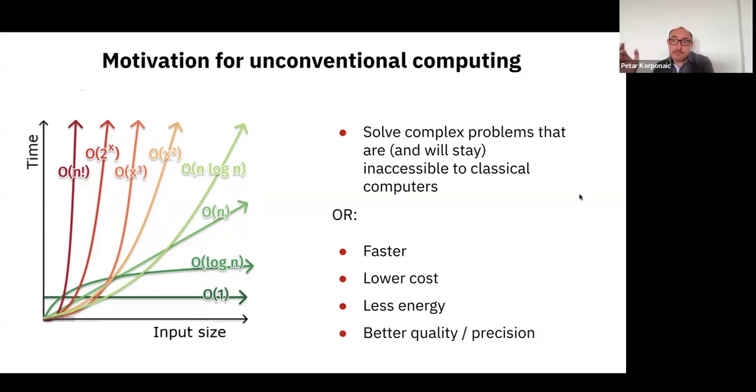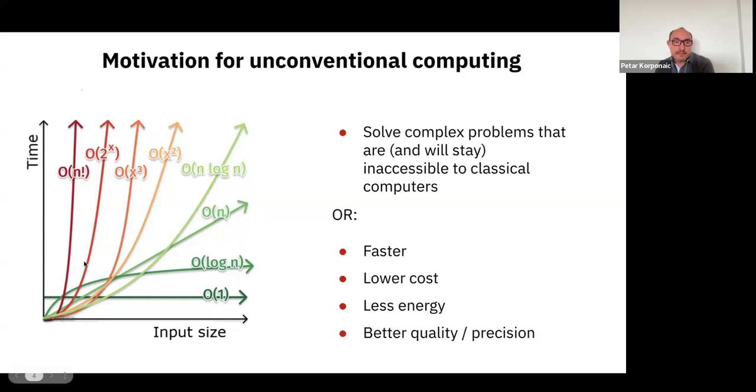This is the motivation. And in this graph, you can see green lines are problems that are easy to solve. On the x-axis is the size of the problem, and on the y-axis is the time required to calculate.